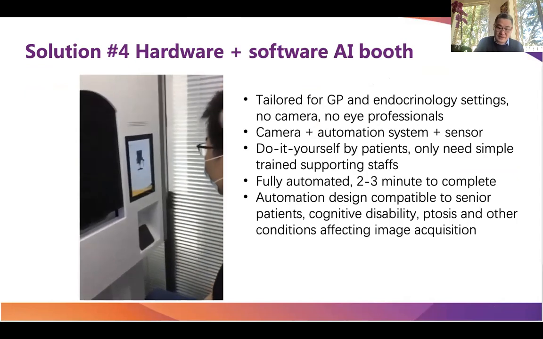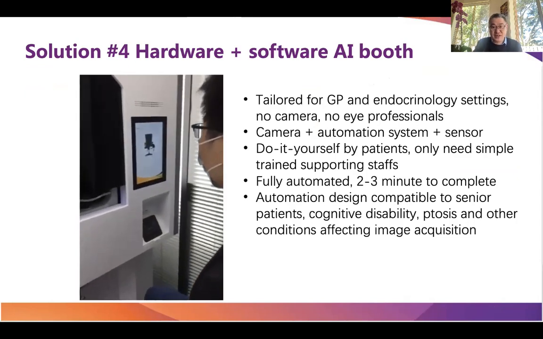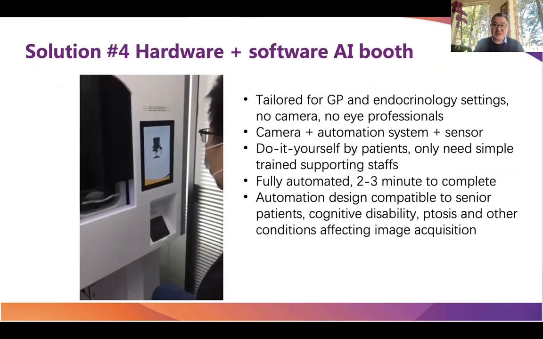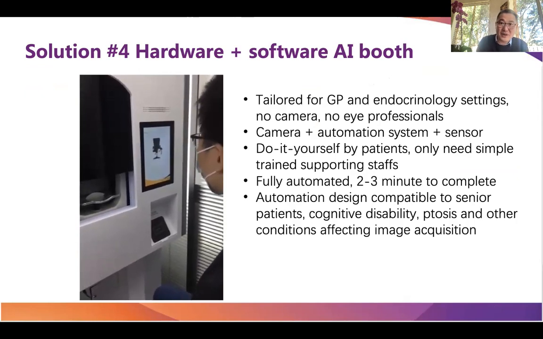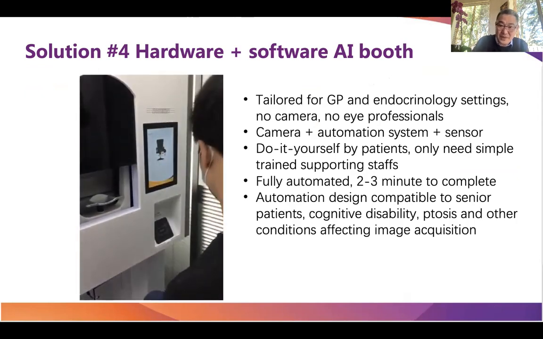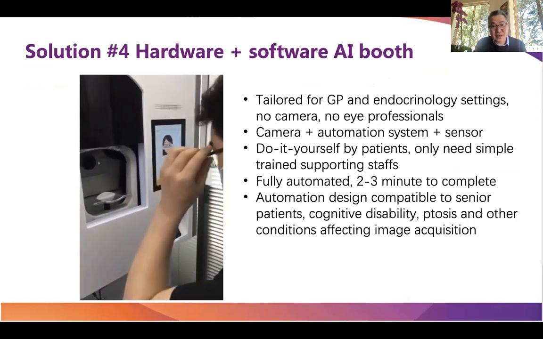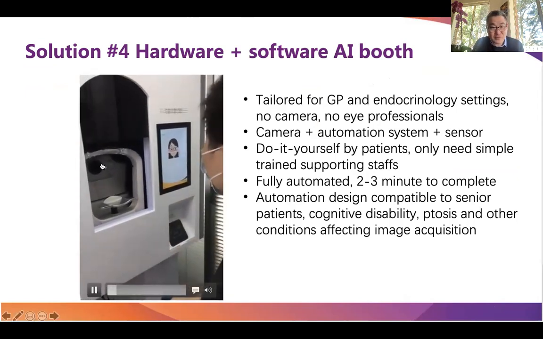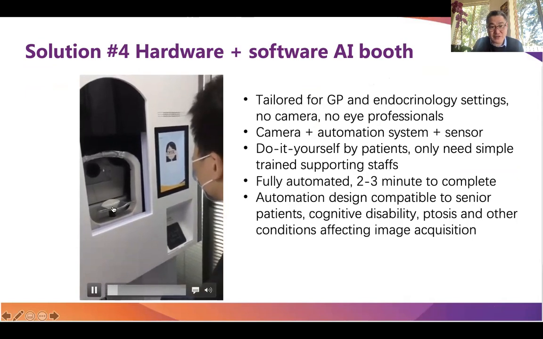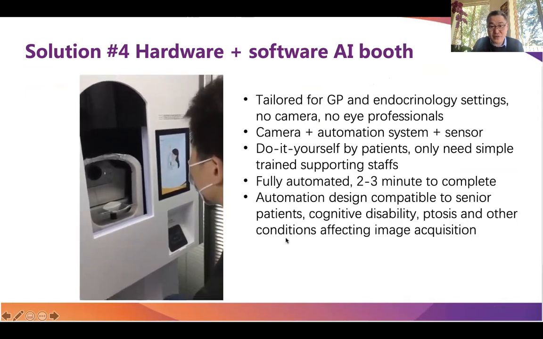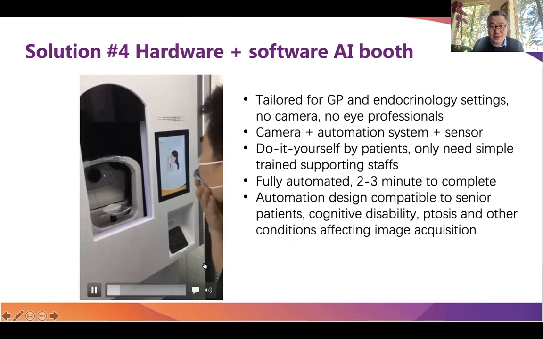And then in clinical practice, we also try to reduce the dependency on the examiner. So this is a DIY, do-it-yourself AI, we call it a kiosk or booth. We combine the AI algorithm, an automatic fundus camera and a lot of sensors to enable a fully automatic screening program.